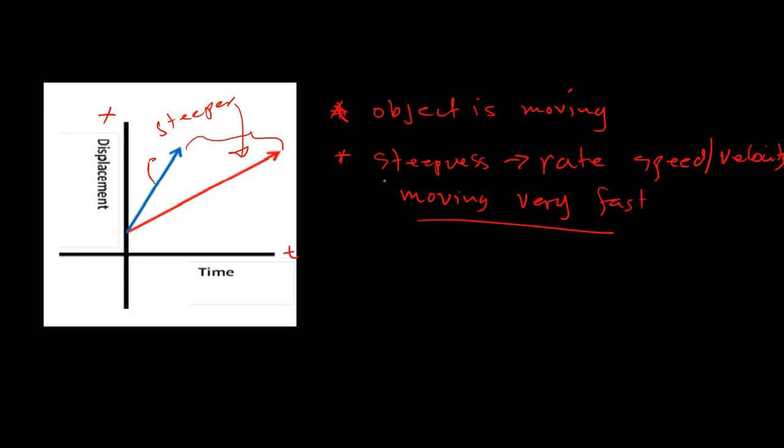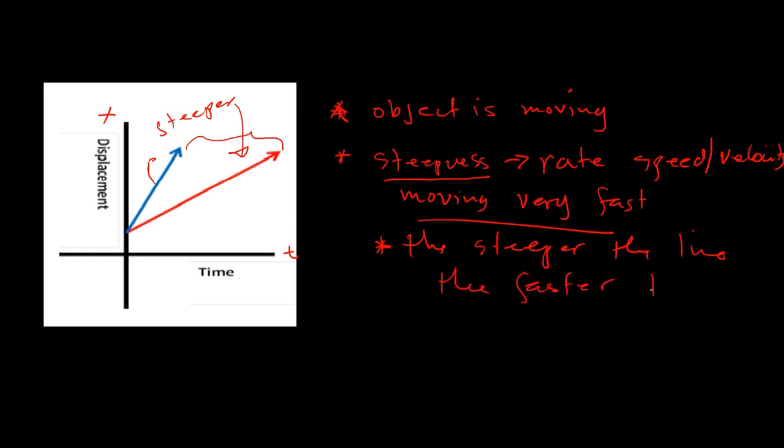So whenever the line is very steep, we'll just quote this one as: the steeper the line, the faster the moving object is, in terms of the x versus t graph.